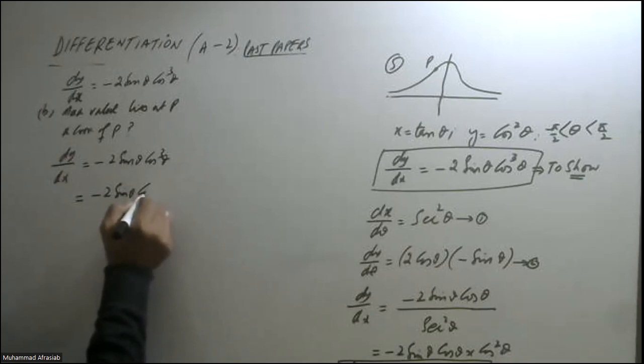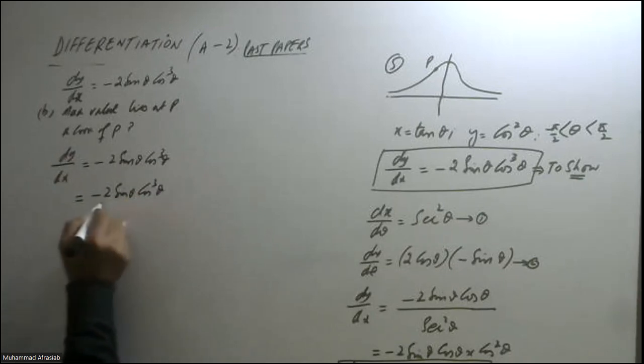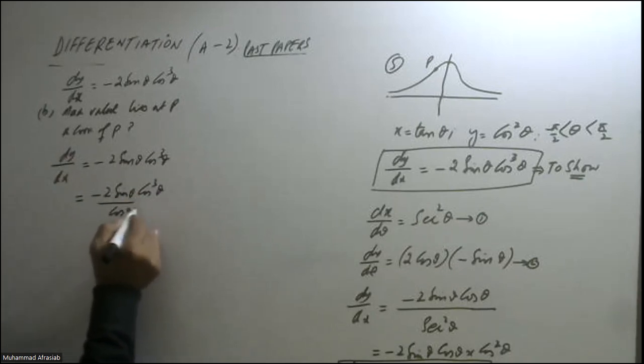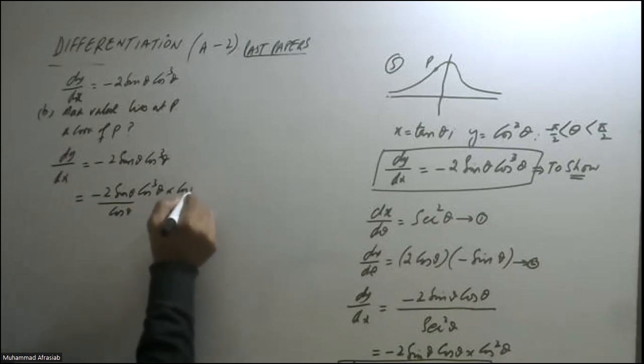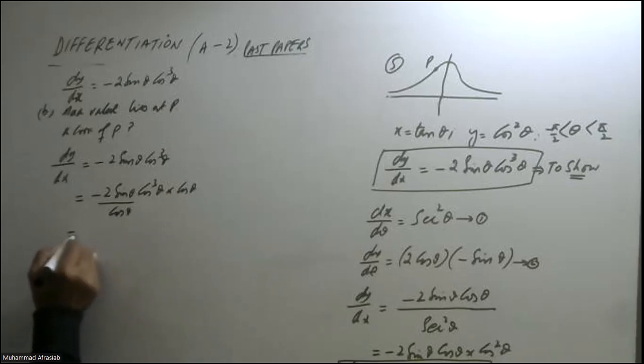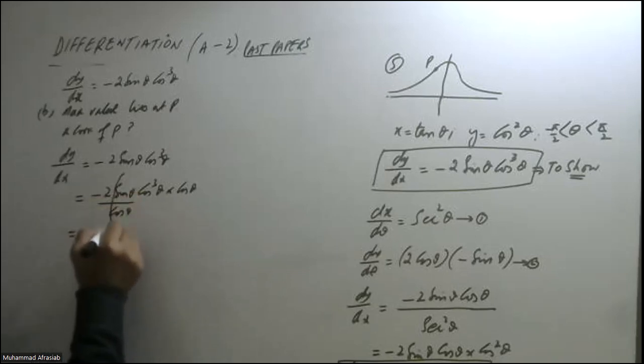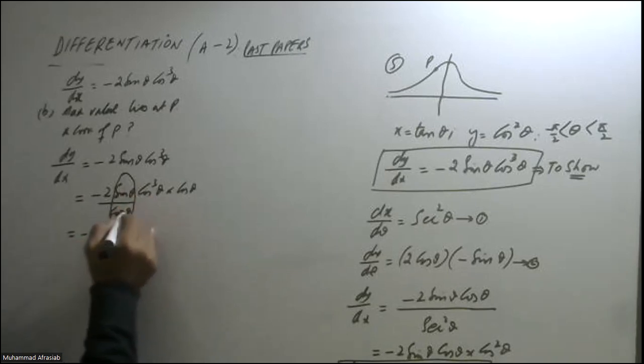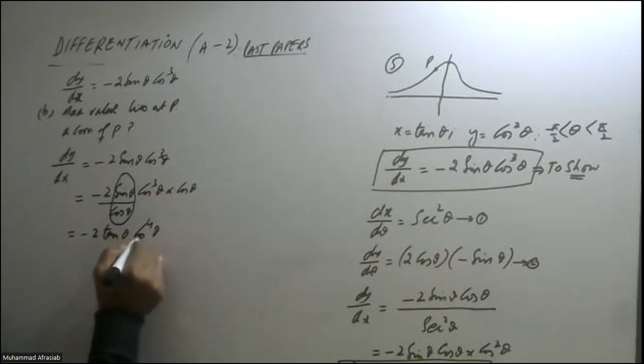If we divide by cos θ and multiply by cos θ, then this equation becomes minus 2, this portion is basically tan θ, and sin into cos becomes cos⁴θ.